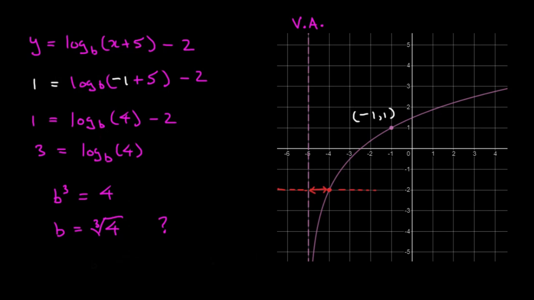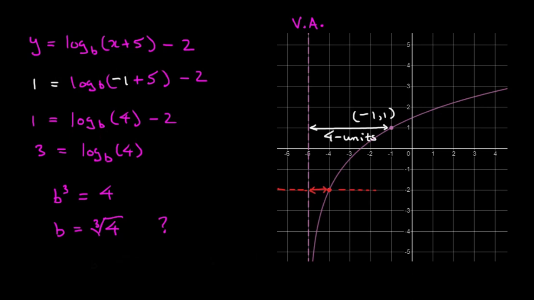We have a vertical stretch, so let's not worry about this right now. We don't have to abandon all of our work. It actually will still give us the correct answer, but if we recognize the distance this point is from our vertical asymptote is 4 units, that's actually what our base is in this situation.